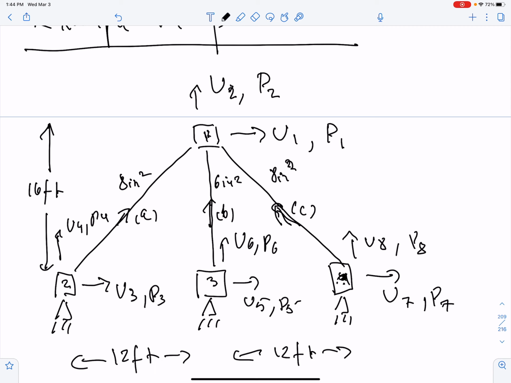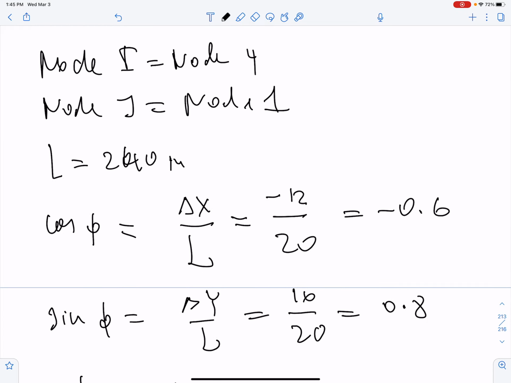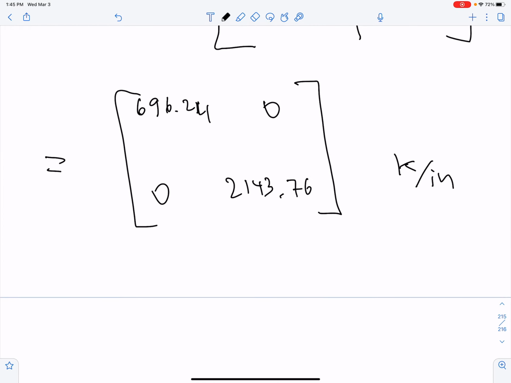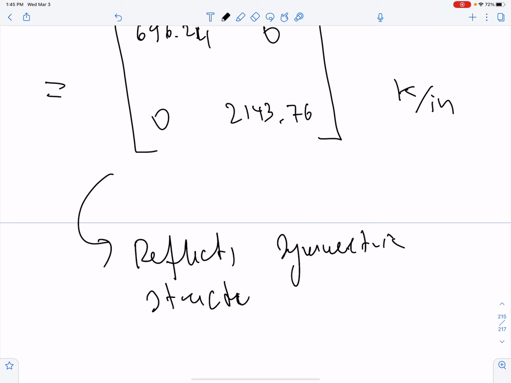Okay? So there's no coupling between horizontal and vertical action. And this lack of coupling comes from the fact that your structure is symmetric around this axis here. So this structure of the stiffness matrix reflects the symmetric structure of your structure, I guess.